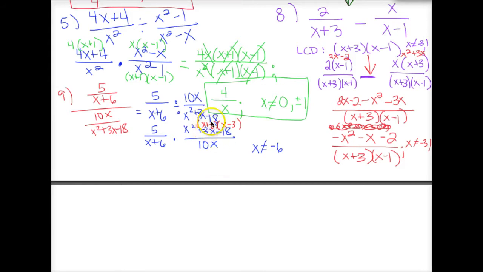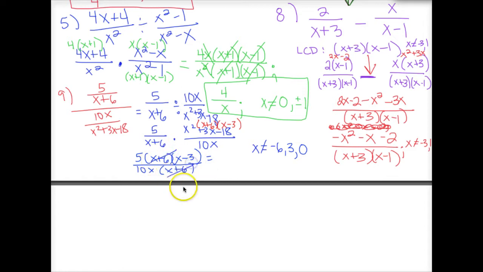So negative 6 I've already got covered. This one means that x can't be 3. And this denominator means that x can't be 0. Again, if you can't just see those, then set each of those factors equal to 0 and solve. So now it's multiplication. I can go ahead and write it as a string, 5 times x plus 6 times x minus 3 on top, 10x times x plus 6 on the bottom, and then do my reducing.